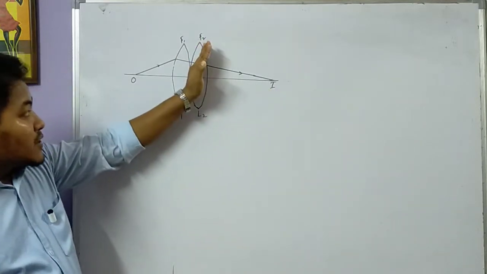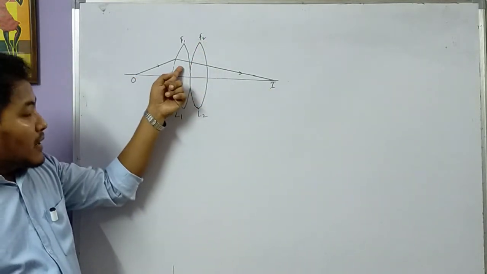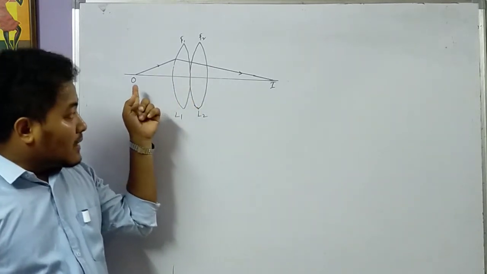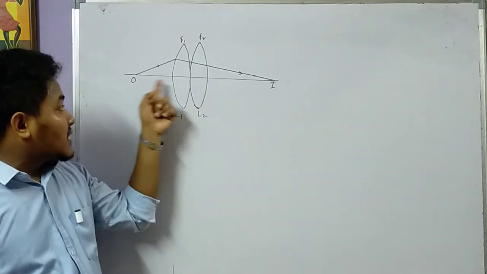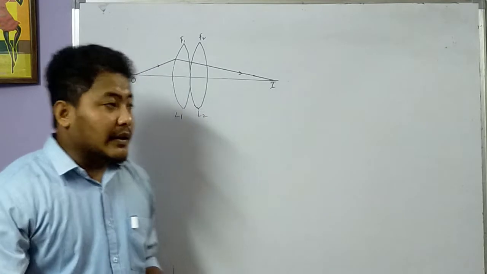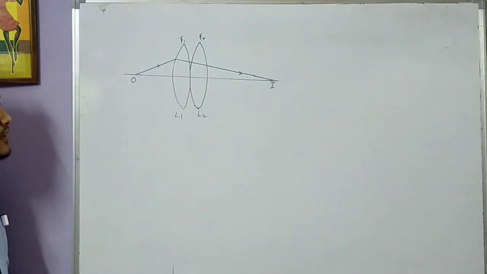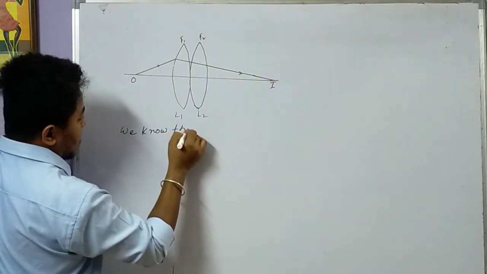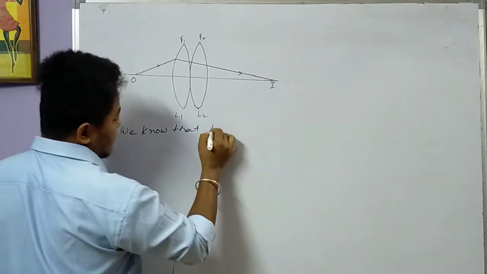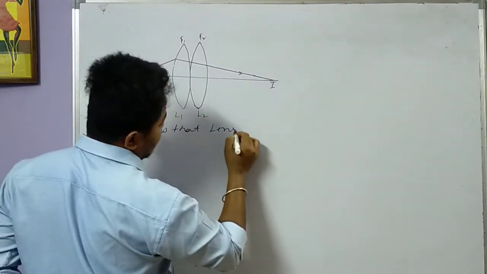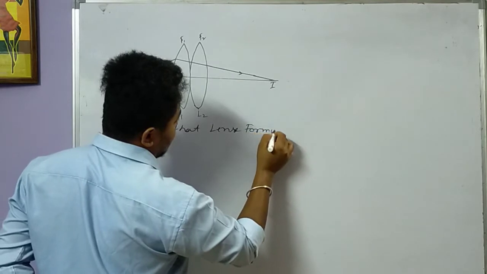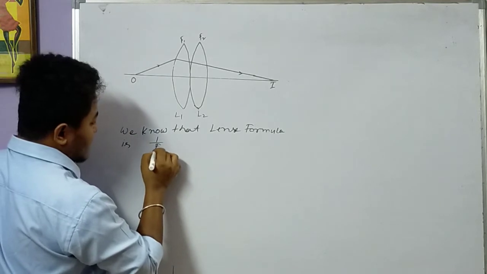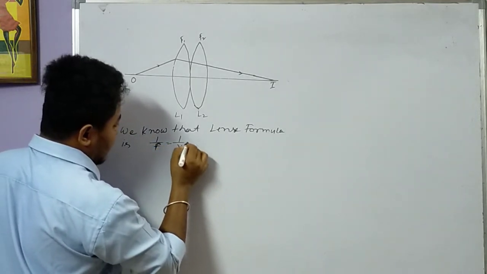In the absence of lens number 2, for lens number 1, this object has created an image, the image for this object is I. Now we know that the lens formula is 1 by f is equal to 1 by v minus 1 by u.